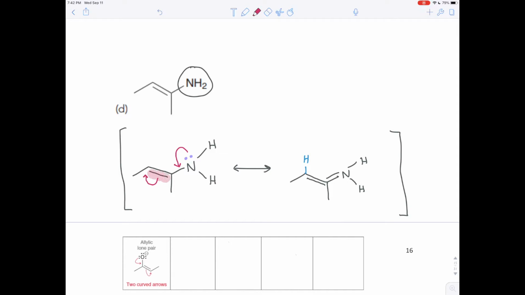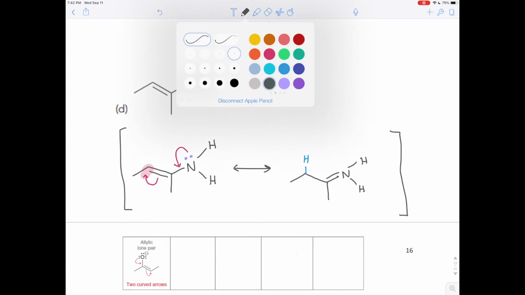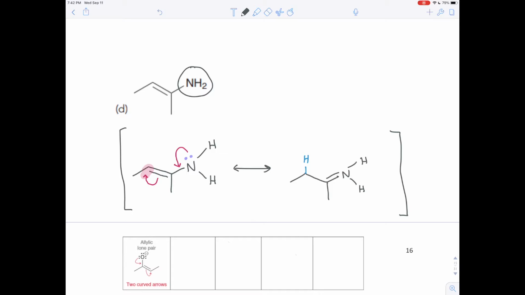That's what the curved arrow is showing, the movement of those electrons. If the head of the curved arrow is pointing at an atom, like it is here, then you'll draw the electrons as a lone pair.